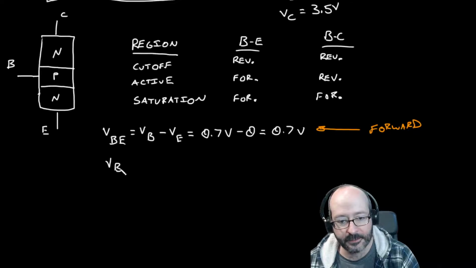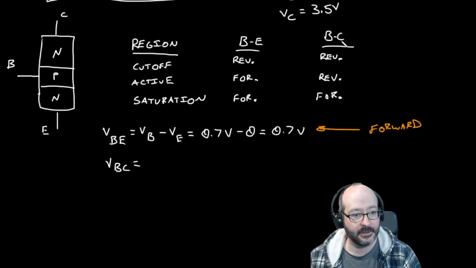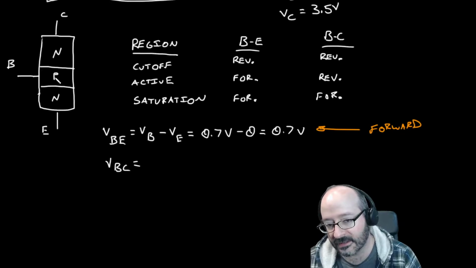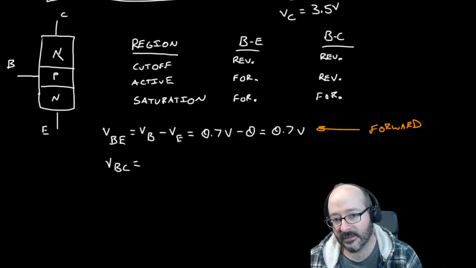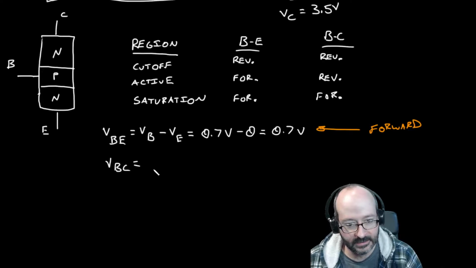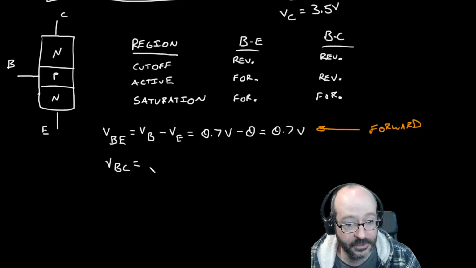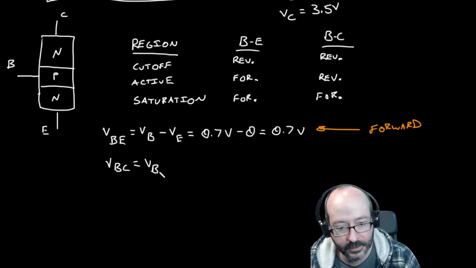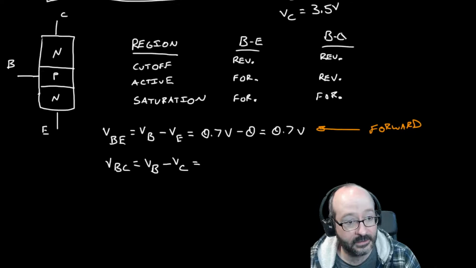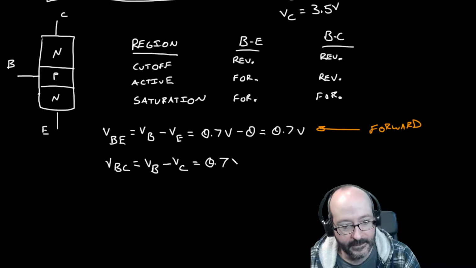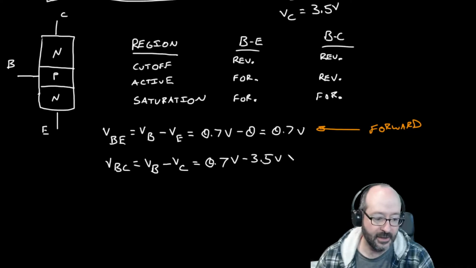Okay, here's the base collector junction, and I write those in that order very particularly because if this is positive with respect to this, then we know it's forward. Or if it's above 0.7, if it's in that neighborhood or above, then we're in good shape. So this is going to be the voltage at the base minus the voltage at the collector. We had 0.7 as our voltage at the base, and 3.5 as the voltage at the collector.